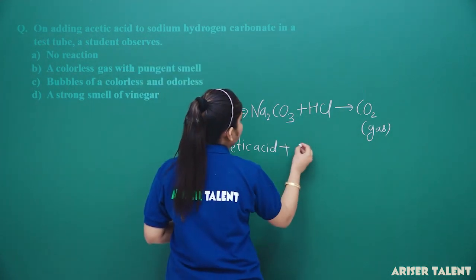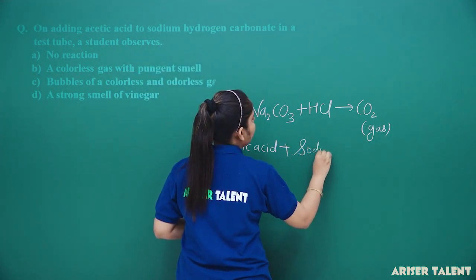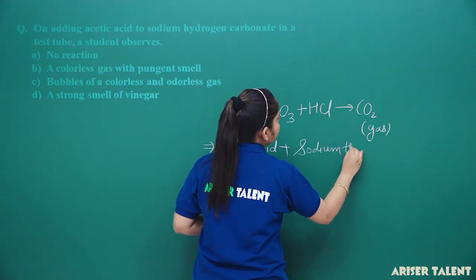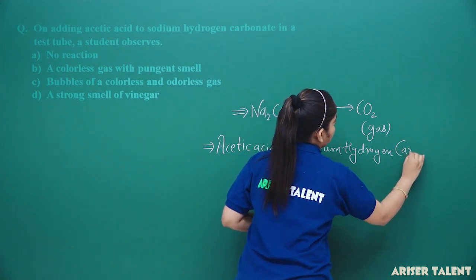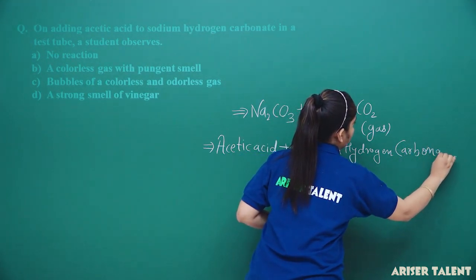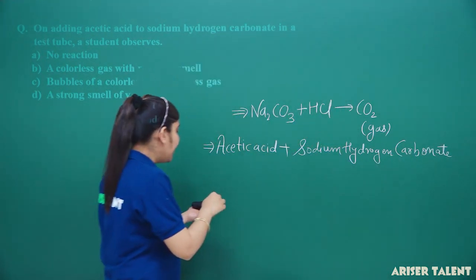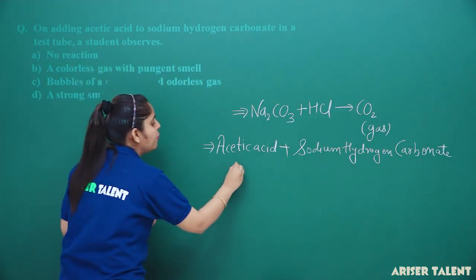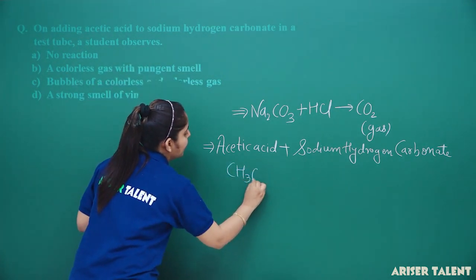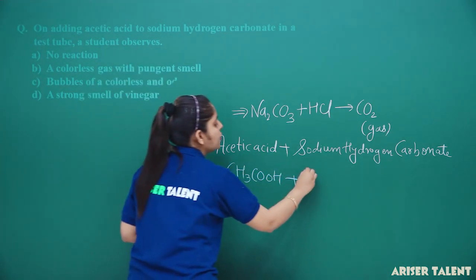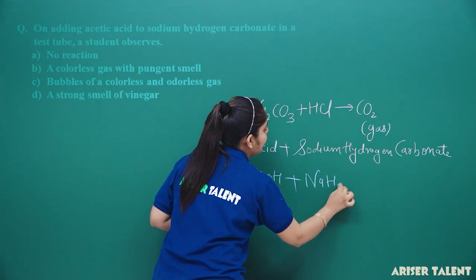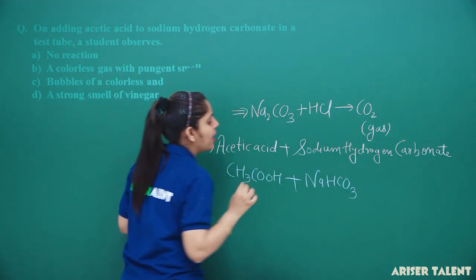Acetic acid is reacting with sodium hydrogen carbonate. Acetic acid has the general formula CH3COOH, plus sodium hydrogen carbonate, NaHCO3, that is sodium bicarbonate.